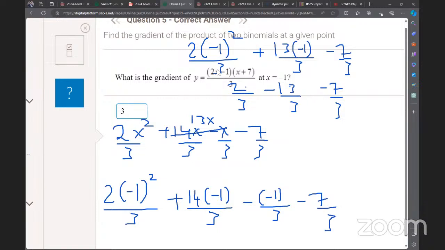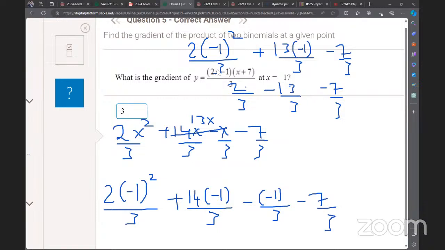So it will be at x equal what? It will be at x equal negative 1.